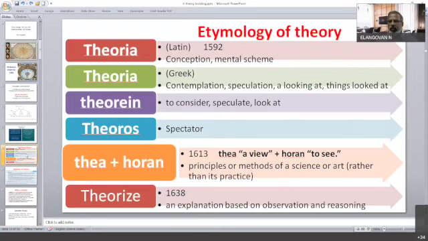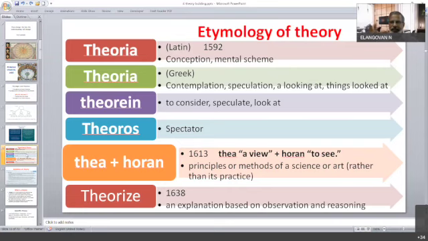Coming to the evolution of this term theory, this will help us to understand what a theory is. It is like the etymology of the term theory. I'm trying to trace the history of the word theory. Theoria is a Latin word, beginning in 1592, meaning conception or mental scheme.